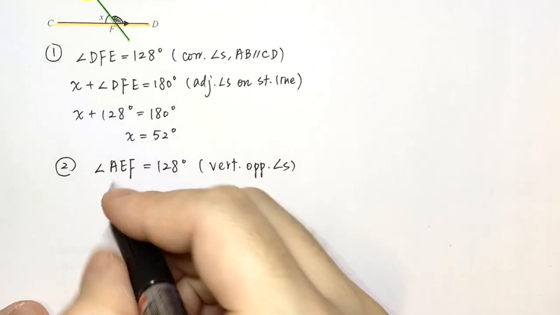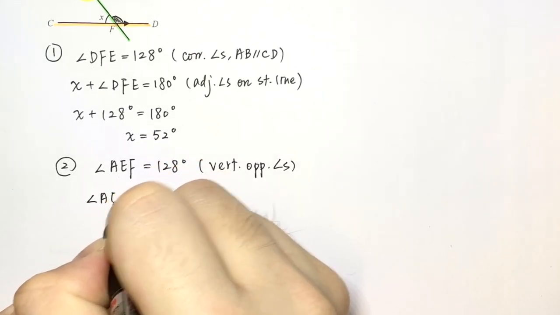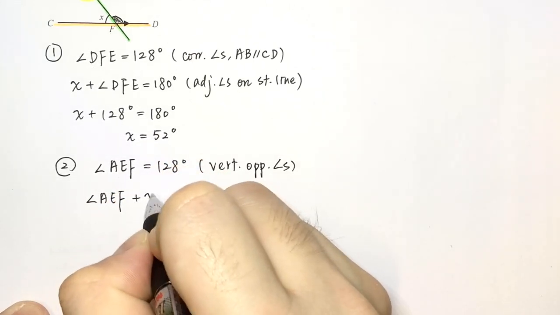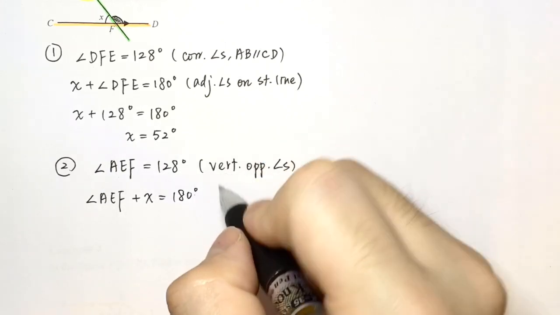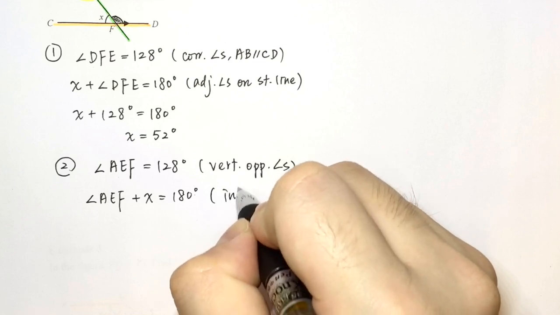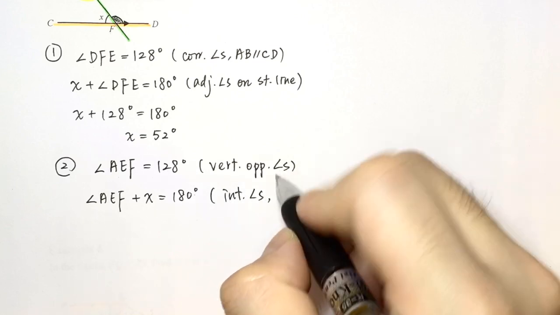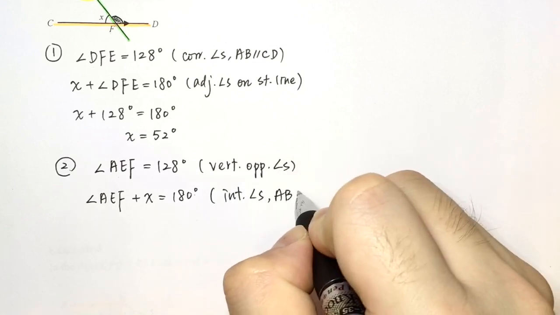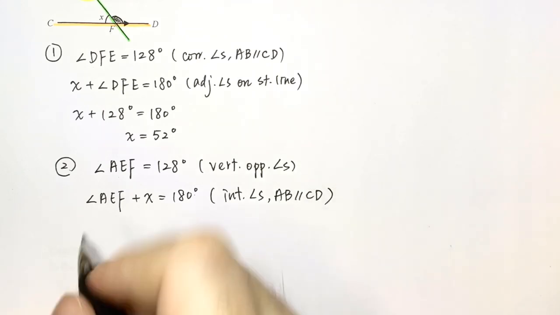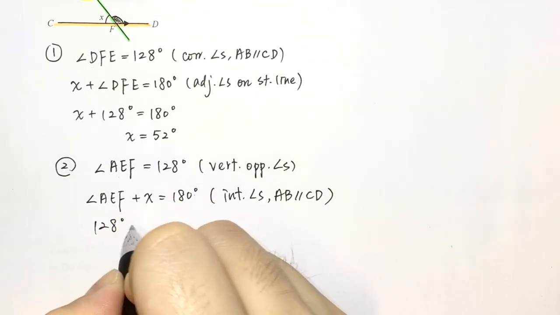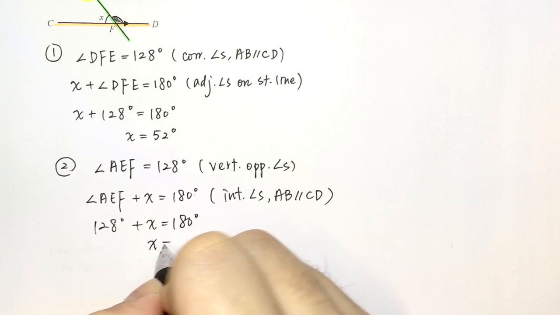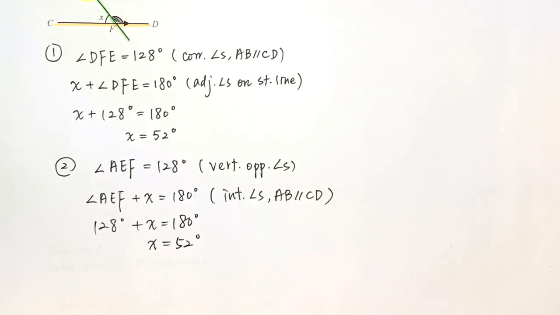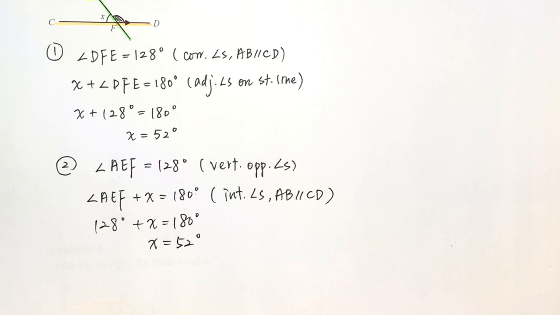And this angle AEF together with x is 180 degrees with reference interior angles under AB parallel CD, and thus you will get the same answer, that x is 52 degrees.